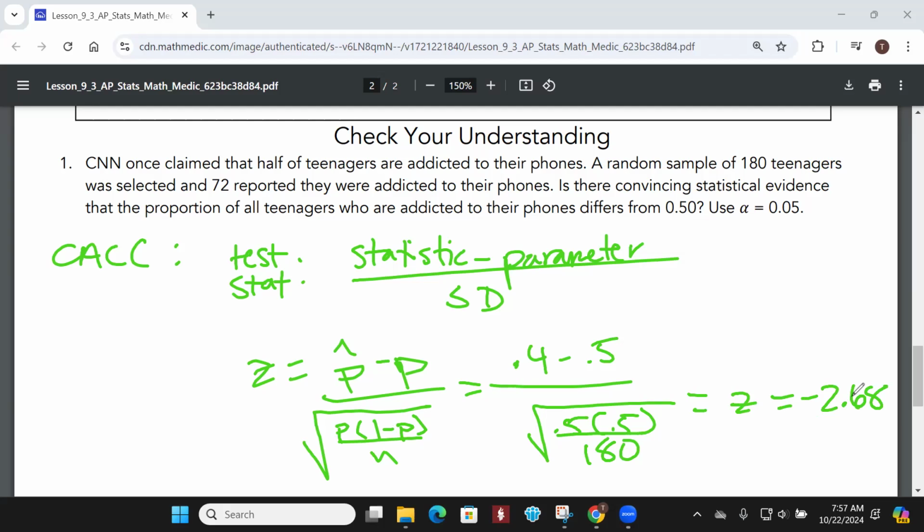Now, we've got to find the p-value. We go to our table. We find that it's 0.0036 or 37, right? Why would we multiply it by 2?